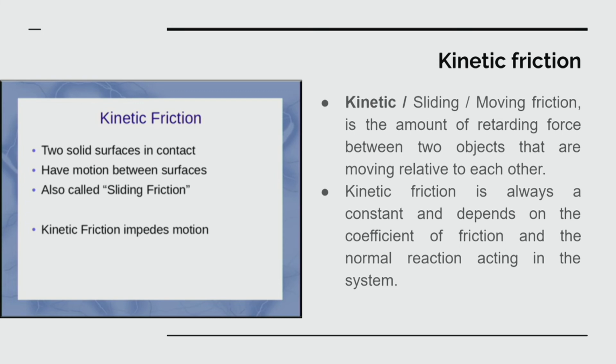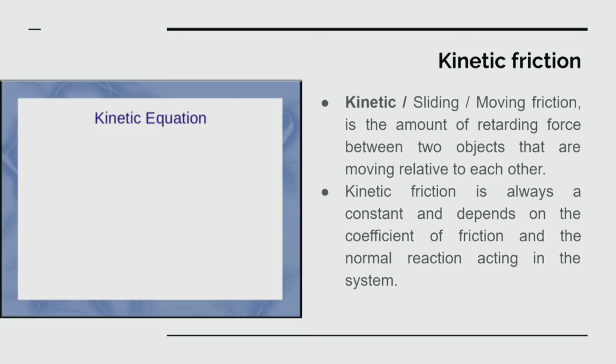The kinetic friction will impede the motion, but they do actually move past each other. Now the kinetic equation is what's shown here. This is a little bit similar to, but simpler than, the static friction equation. So if you haven't watched that video, you should go look at that one as well.